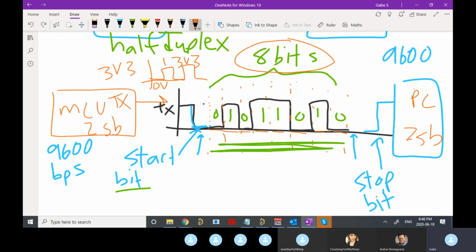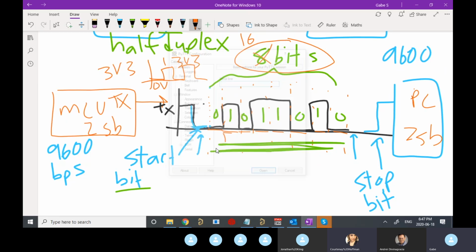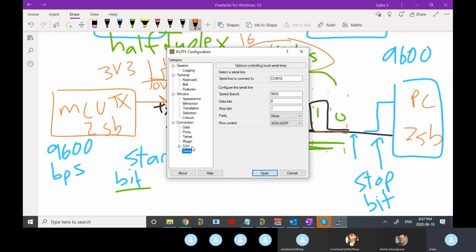In PuTTY, for example, in your code, if you had said 16 bits, right, it just counts until 16 are done. Then it waits for the stop bit, and then it can move on. Oh, so I guess it's programmed to know how many bits to expect. Exactly, yeah. Okay, cool. Thanks. Yeah, so in my PC, for example, I'd put in exactly how many I should be expecting. And whoever you're talking to needs to agree on that as well.